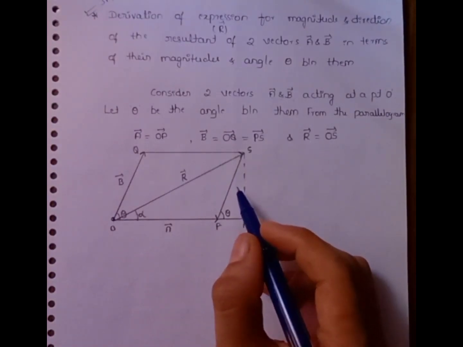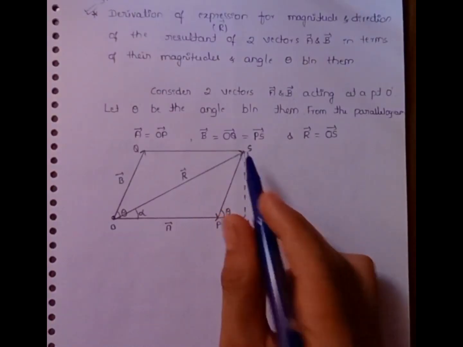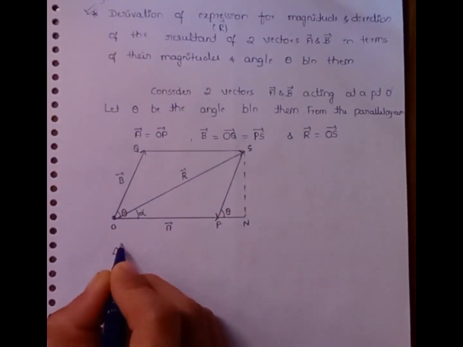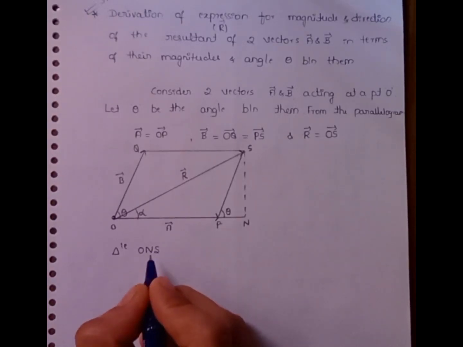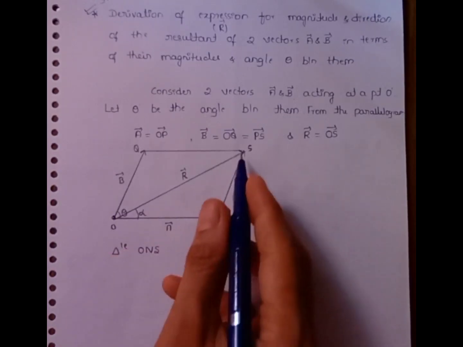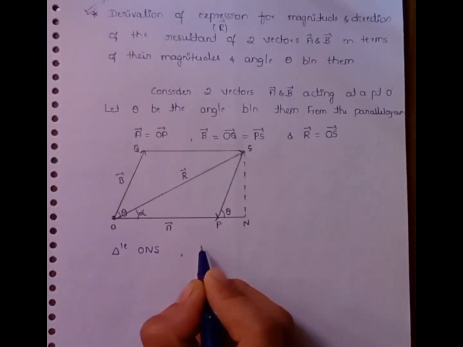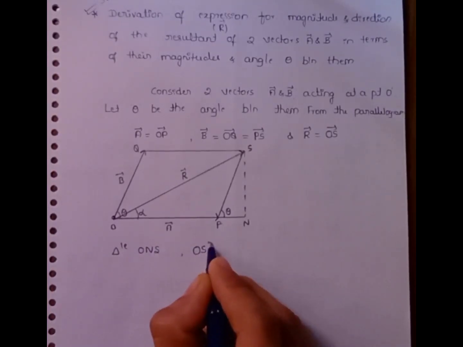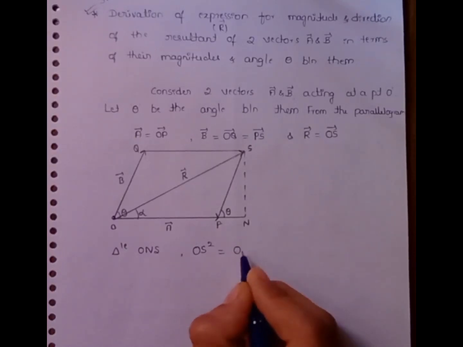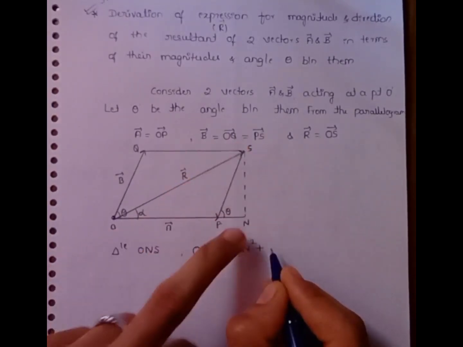Now consider the triangle ONS. We know Pythagoras theorem. Just apply Pythagoras theorem for the triangle ONS. OS square is equal to ON square plus SN square.